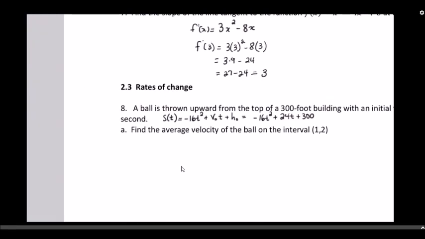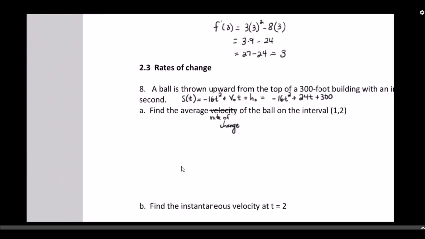The average velocity, remember we talked about this in the discussion in Section 2.3. Velocity is just a rate of change. That's all velocity is. So when it says find average velocity, you're trying to find the average rate of change. The formula for average rate of change is f of b minus f of a, all over b minus a.